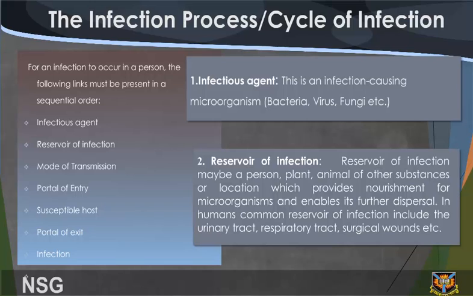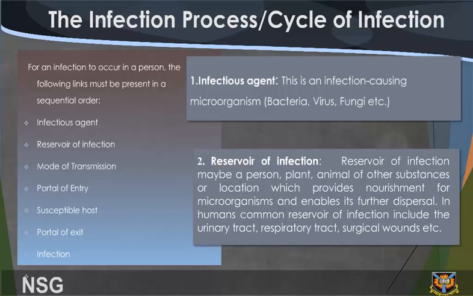The infection process or cycle of infection. For an infection to occur in a person, the following links must be present in a sequential order: infectious agent, reservoir of infection, mode of transmission, portal of entry, susceptible host, portal of exit, infection. 1. Infectious agent.